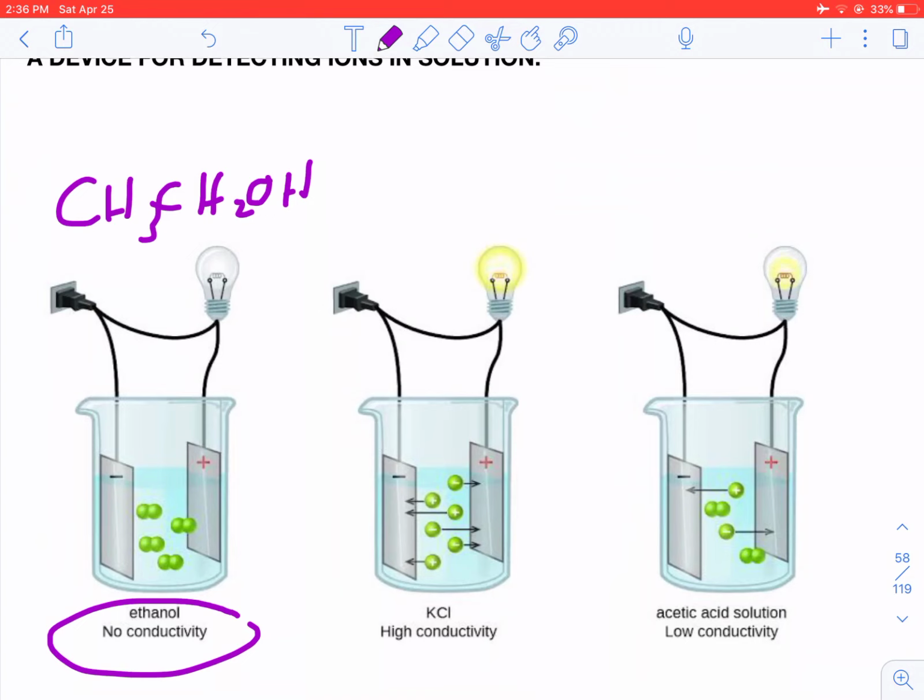Here, there's no conductivity. Here in this one, when we have KCl, there's high conductivity. Why? Basically because we have ions. You can see the negative ions going towards the positive electrode, and the positive ions moving towards the negative. So you've got ionic conduction in the solution, and in the external circuit, you've got electrons moving.